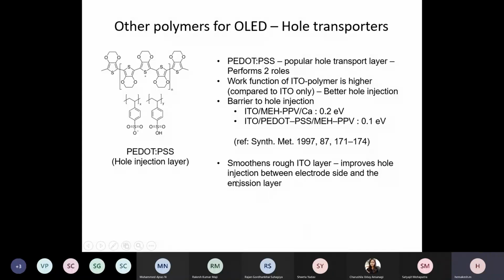And mostly it is believed because it smoothens the surface of indium tin oxide, as well as the energy level is such that it makes the transport of hole from the anode to the emission layer a little bit better. So sometimes this kind of polymer shows up in LED devices.